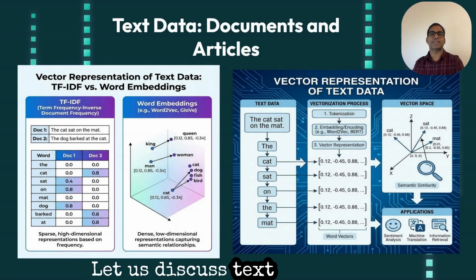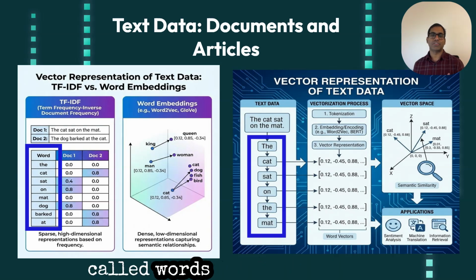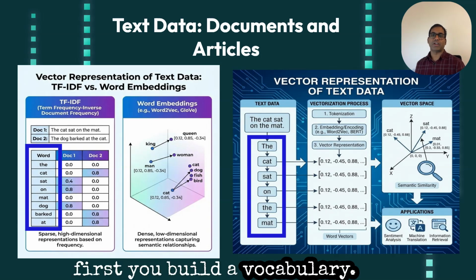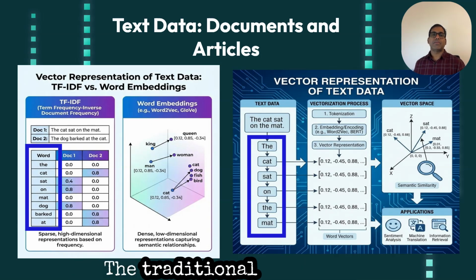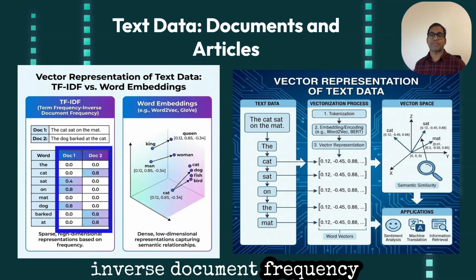Let us discuss text data, which are documents or articles. Text data consists of tokens called words or subwords. The unique tokens from all documents are called vocabulary. So in text representation, first you build a vocabulary. The traditional vector representation for text is called term frequency and inverse document frequency.